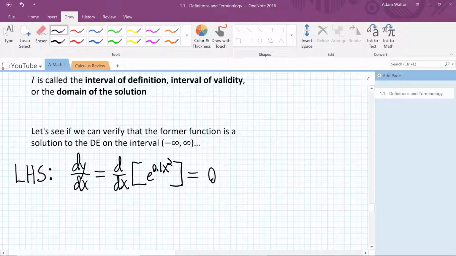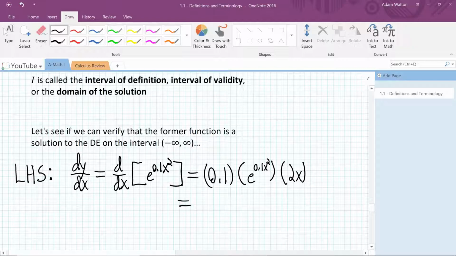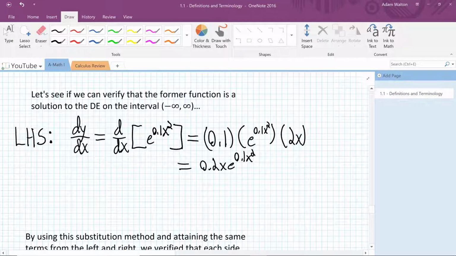So now use a little chain rule. 0.1 e to the 0.1 x squared and 2x. So now this is equal to 0.2 x e to the 0.1 x squared. All right.